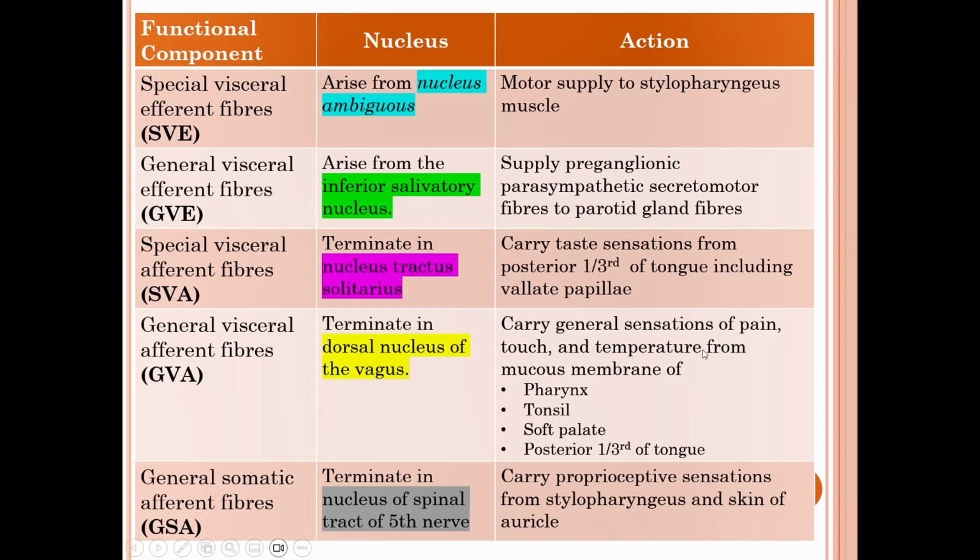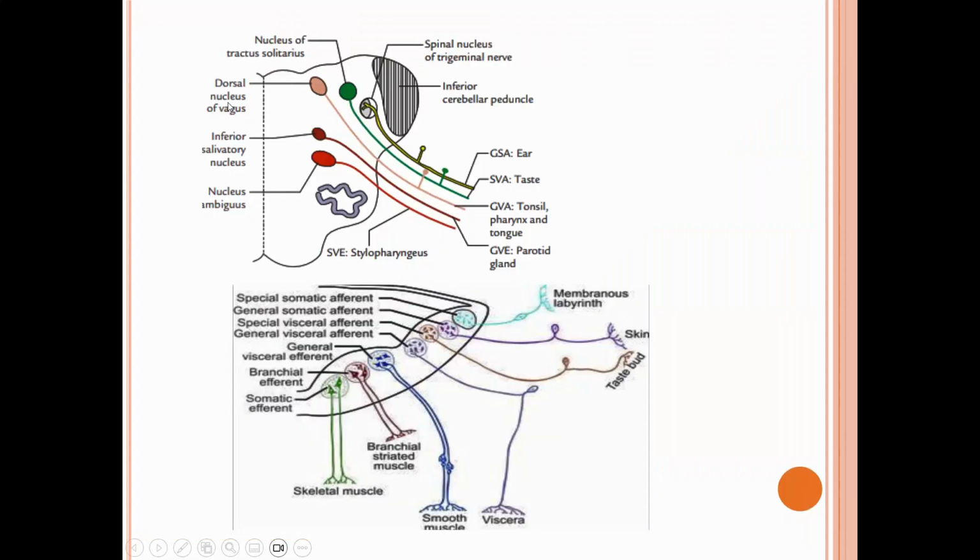They carry the general sensation of pain, touch, and temperature from the mucous membrane of the pharynx, tonsil, soft palate, and posterior 1/3 of the tongue. And there are general somatic afferent fibers which terminate in the nucleus of the spinal tract of the fifth nerve, carrying proprioceptive sensation from stylopharyngeus and skin of the auricle. So there are 5 functional components related to the ninth cranial nerve.